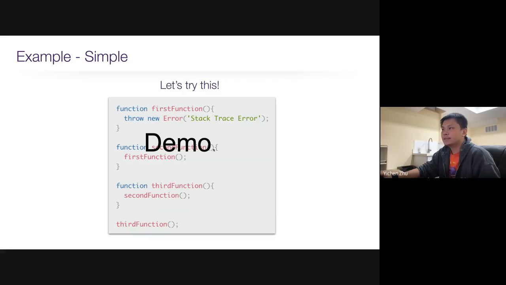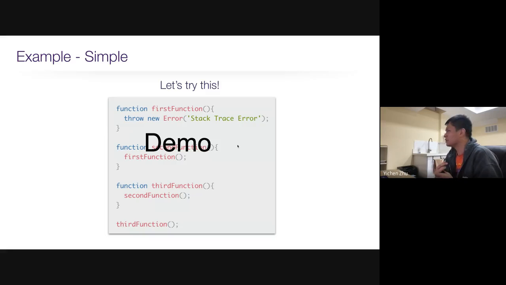Something I struggled with through most of my career is that I knew about the call stack, but I didn't really know in detail how to apply this concept to real life.